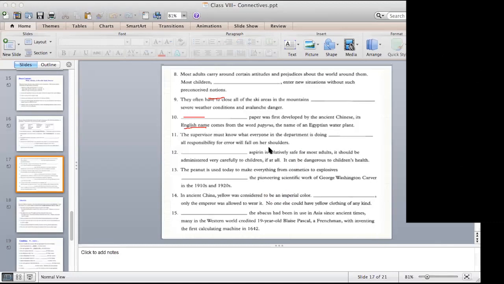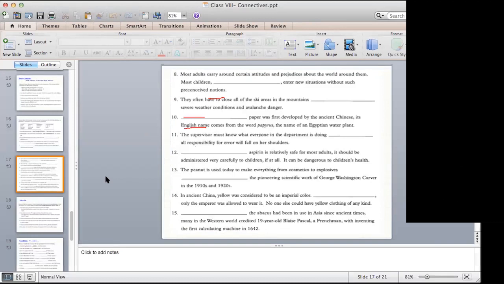So the peanut is used today to make everything from cosmetics to explosives, okay? If you use "despite", it doesn't make any sense here. Despite the pioneering scientific work of George Washington Carver in the 1910s and 20s. Okay, so we can use reason and cause here.